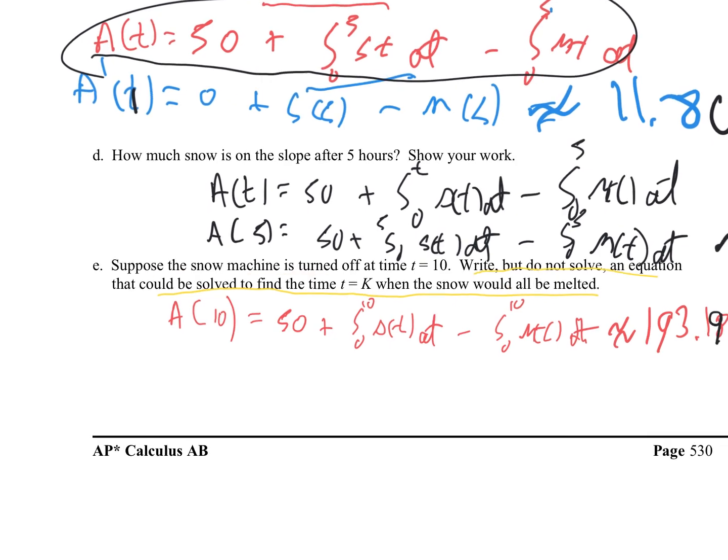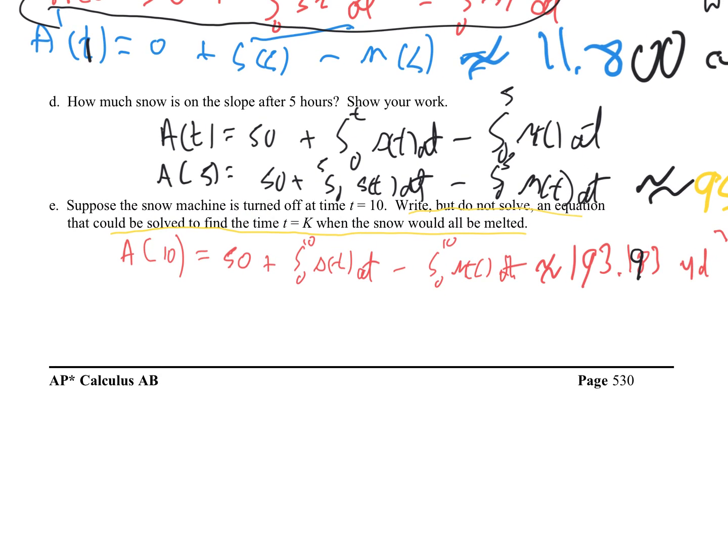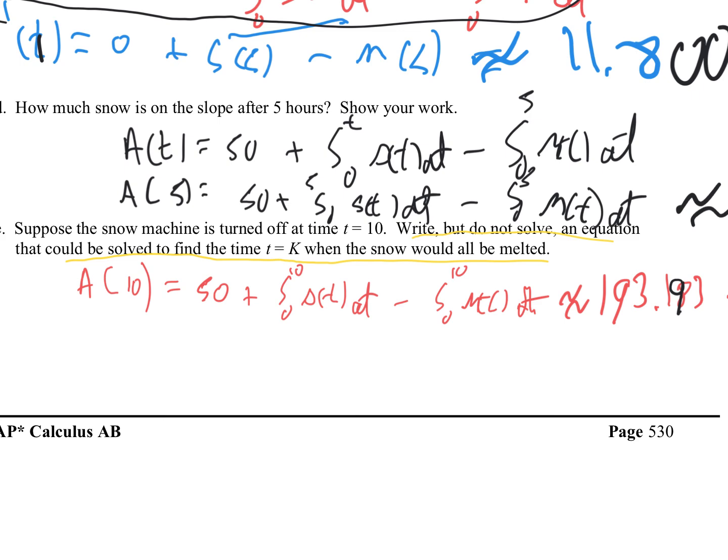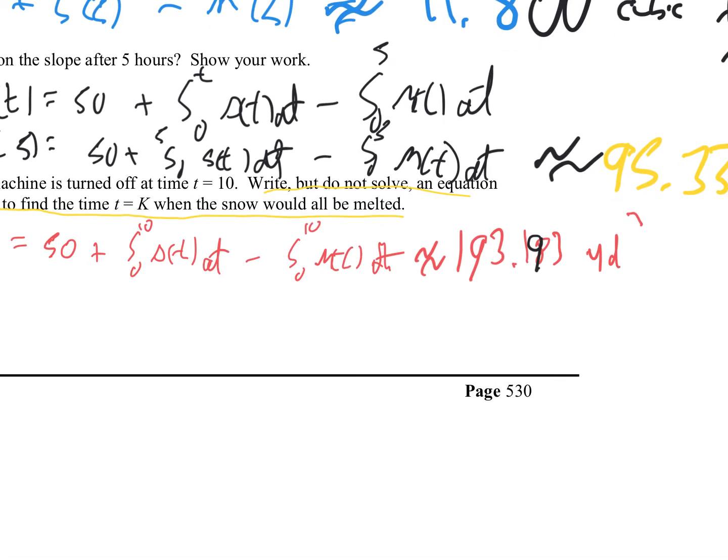Okay. Now that's how much snow is on the mountain right now, and I need to melt it all. So what I'm going to have to do is start out with that much snow. Wait, is that the right answer still? I might still be off. Let me look.